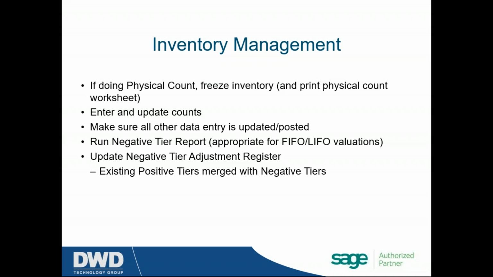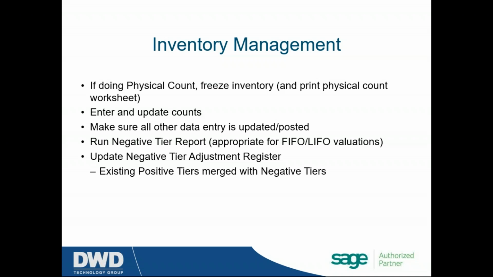So it says, okay, part number 1, 2, 3 has 10 on hand, 4, 5, 6 has 20, and so on. That snapshot is what your counts will be compared against when you enter your counts.